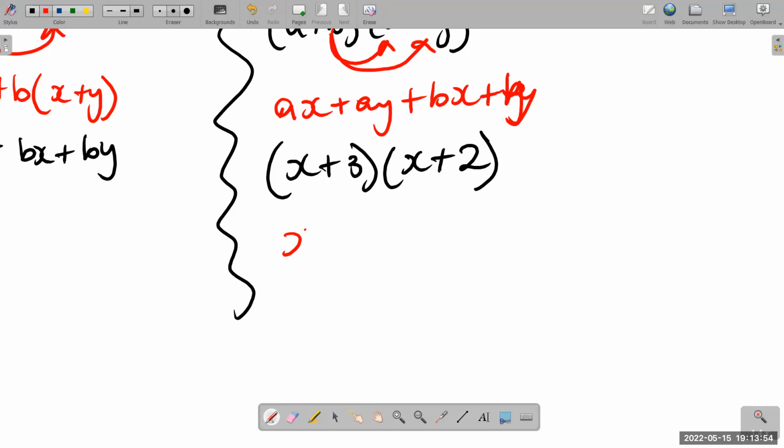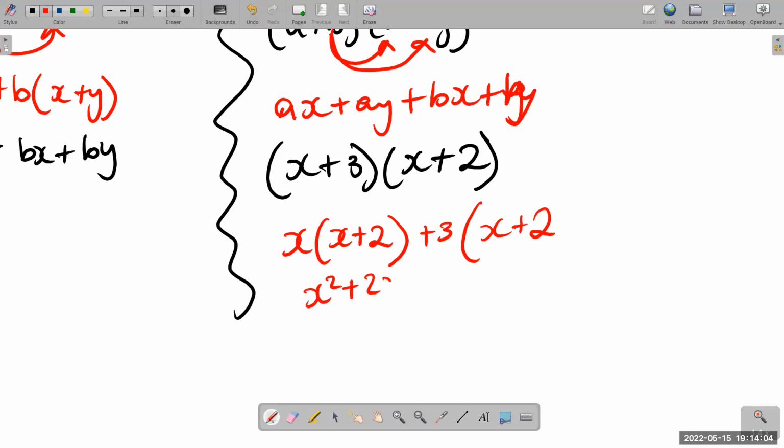I'm going to do it the easier way. So I'm going to say x, open bracket, x plus 2, plus 3, open bracket, x plus 2. So I get x squared plus 2x plus 3x plus 6. You can't forget that when you look at it, we have like terms. Where are the like terms? Plus 2x plus 3x are like terms.